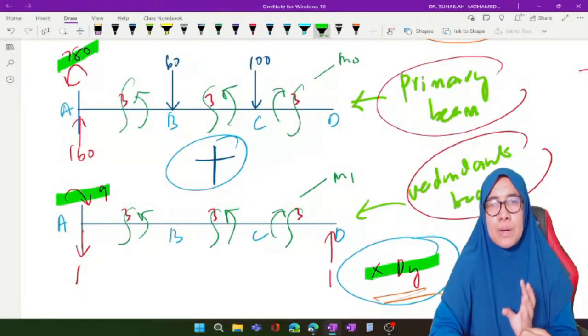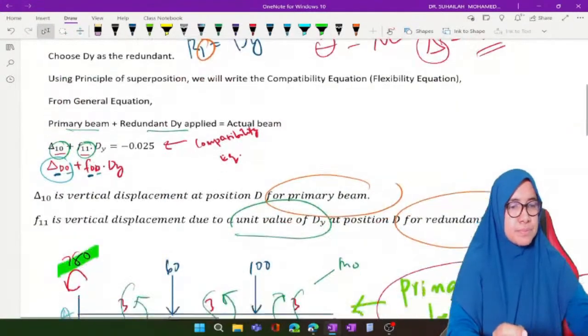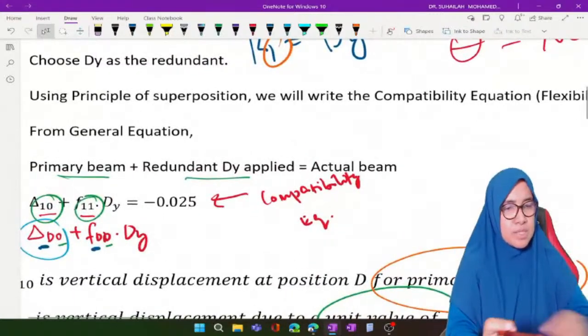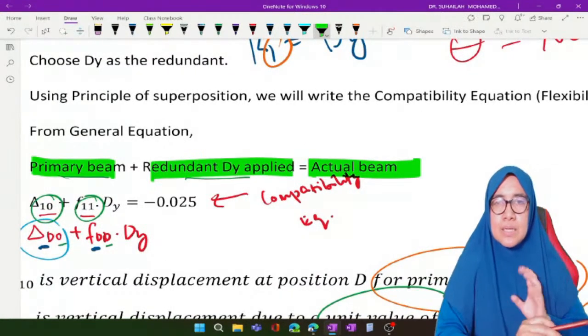Use superposition method. Actual beam equal to primary beam plus redundant dy applied.